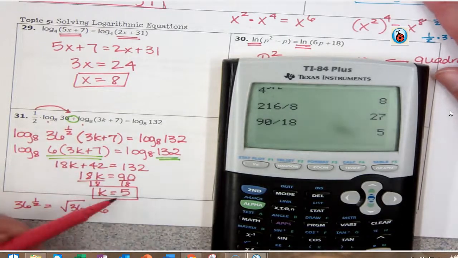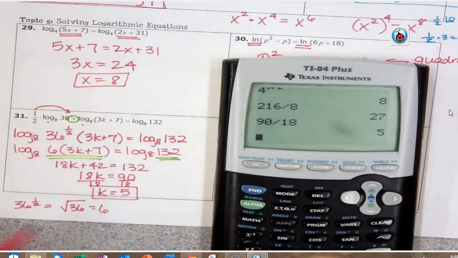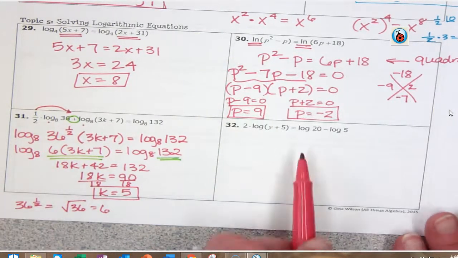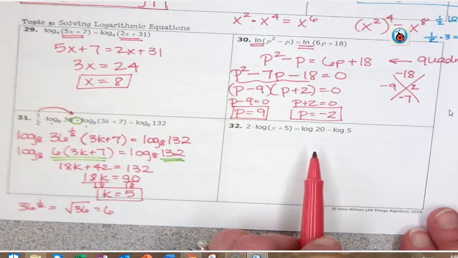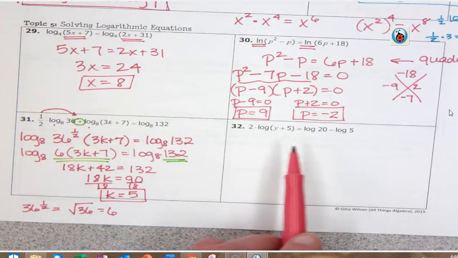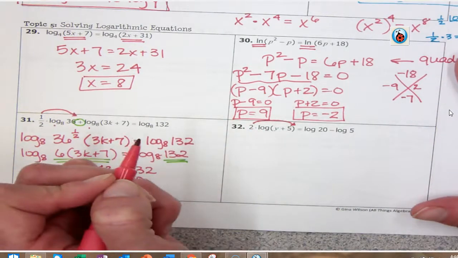Again, I'm just going to do a quick check. Make sure that 5 can go in there and not make it a negative or a 0. And I'm good to go. All right, so that's going to be the same with this one. I want to have you guys do that one on your own. Now the difference though is this is going to have to be squared.